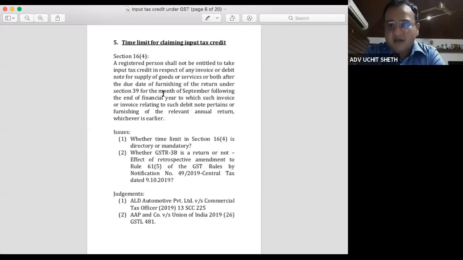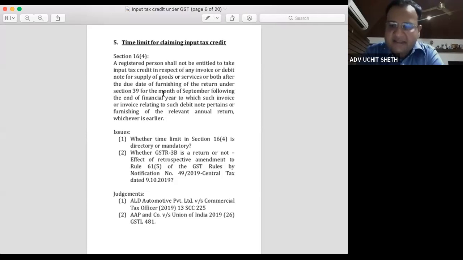Now here, a more interesting issue is because of the advent of GSTR 3B from 1/7/2017. As we know, originally it was planned that the returns would be in GSTR 1, 2, and 3. 3B was only a stopgap arrangement in lieu of GSTR 3.